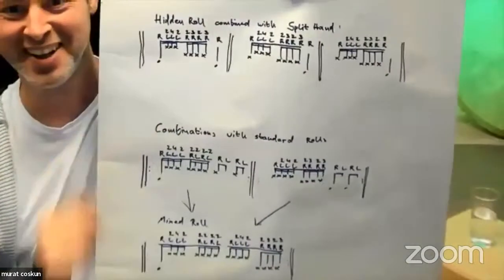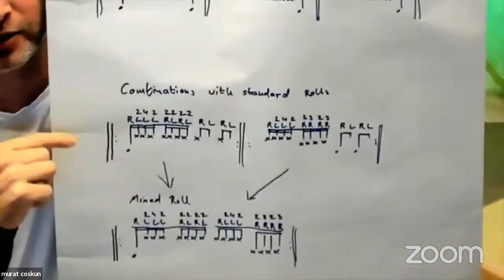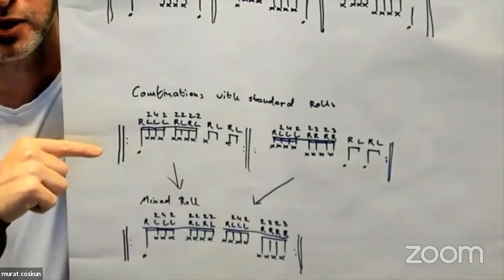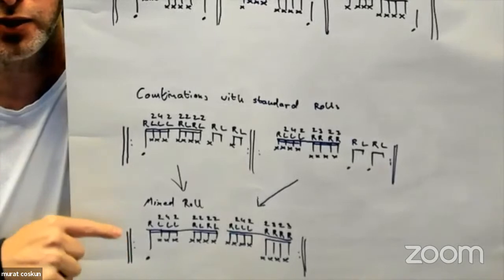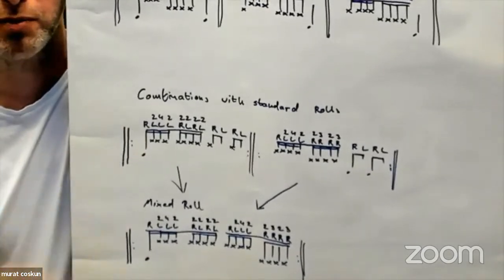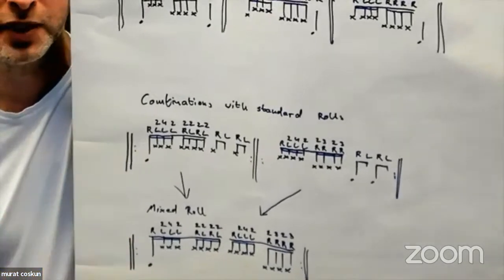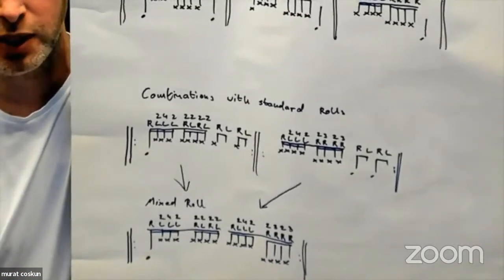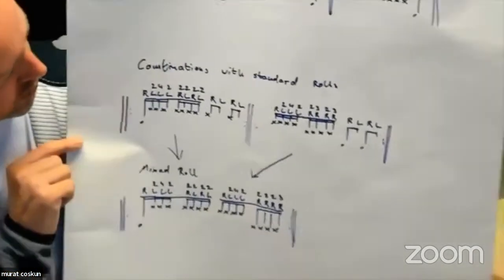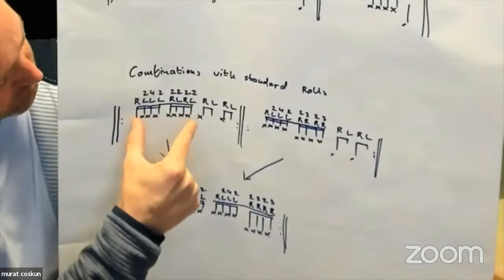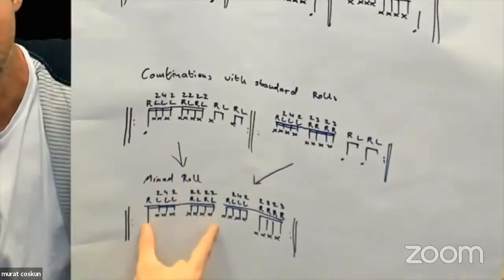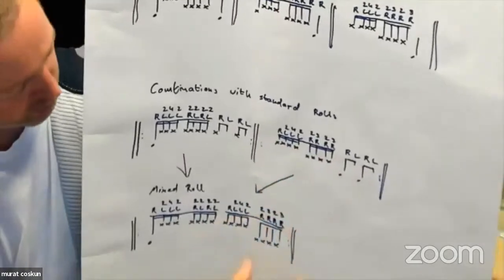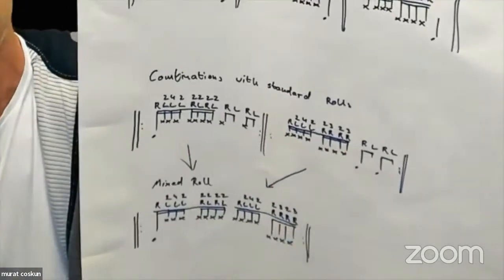Right, so you can see this here. We have the two exercises at the top, and then the full long roll at the bottom. The first exercise practices the first half of the roll, and the second exercise practices the second half of the roll.